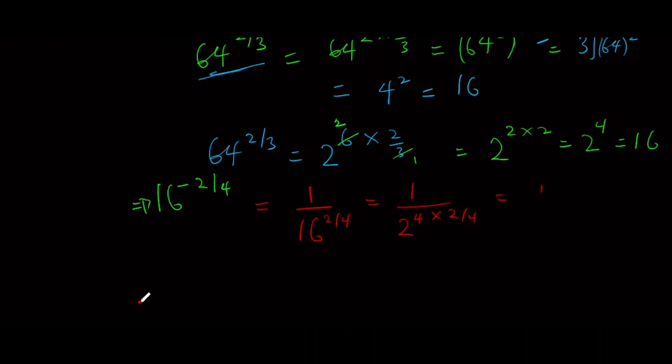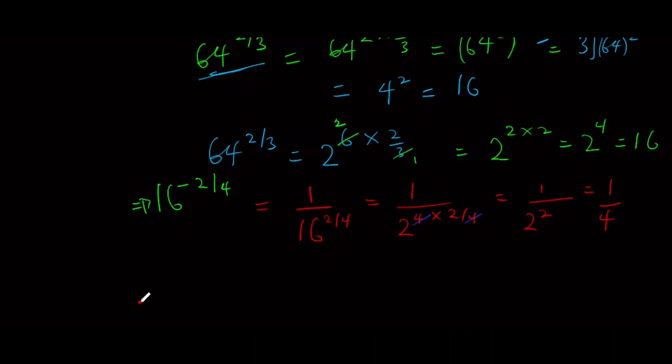That is 1 over 2 raised power 4 times 2 over 4. The 4 cancels 4, so I'll be left with 2, and that will give us 1 over 2 raised power 2, which gives us 1 over 4.